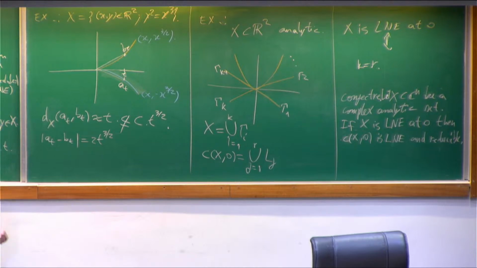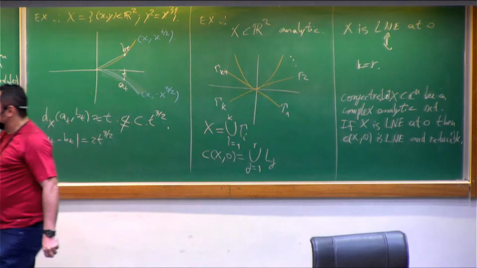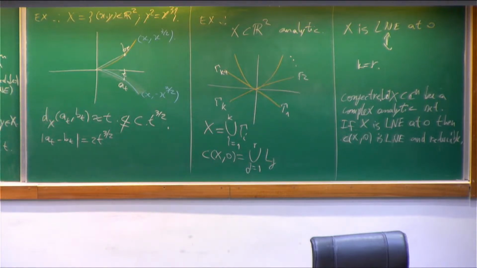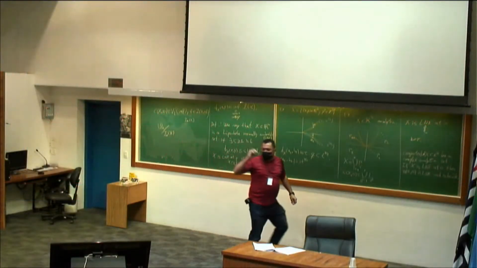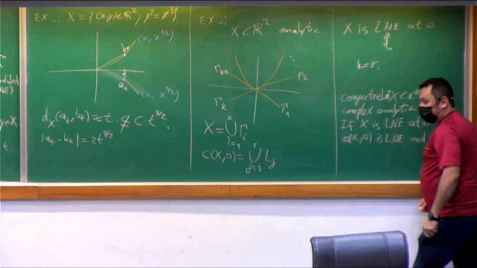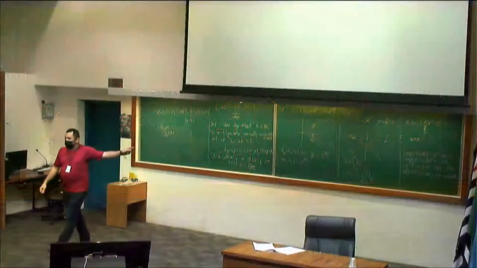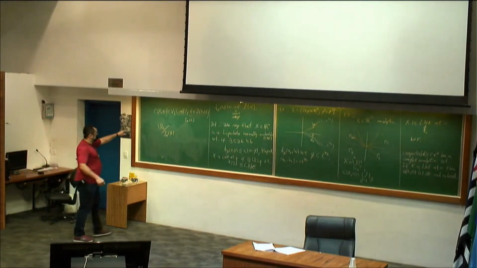And then if the set is LNE, it is reduced, that means that there are no nilpotent elements. Reduced, yeah, sorry, my fault, thank you. So this ring is reduced.